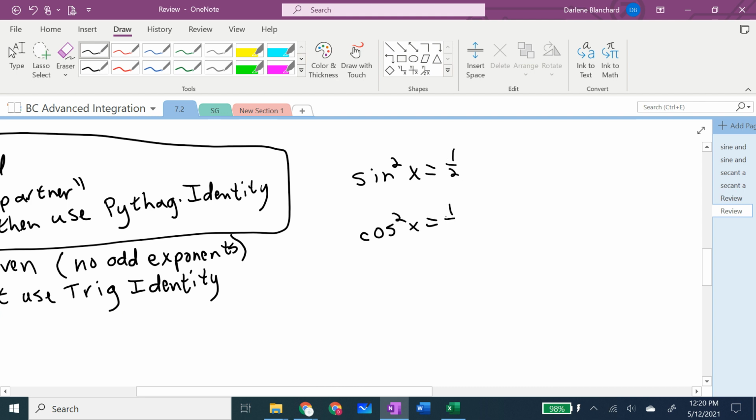So they both start with 1/2 times, and then you've got a 1, a plus or minus, and then a cosine 2x each time. Who gets the minus? Who gets the plus?